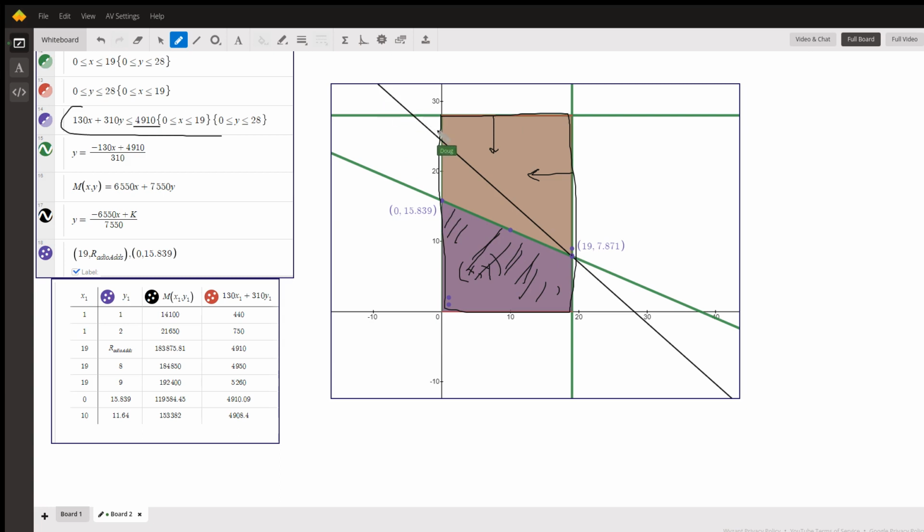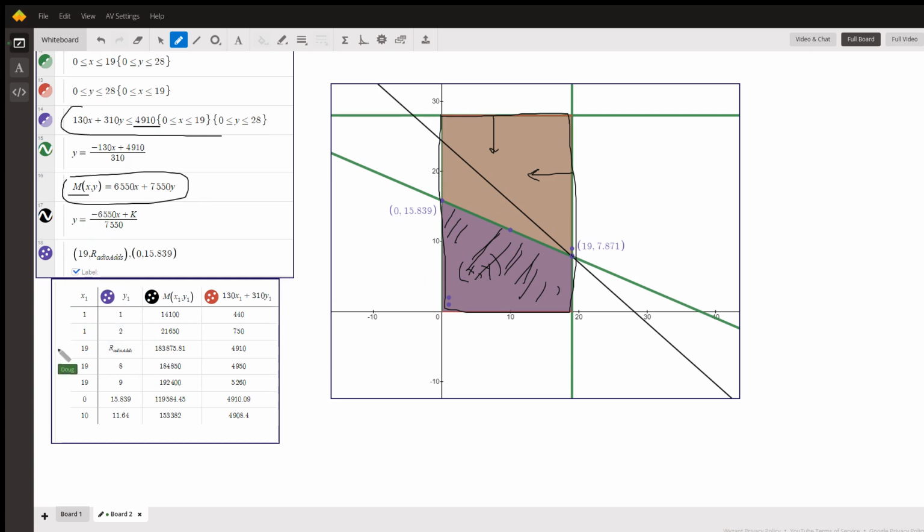And that's what this black line right here is. It's the objective function, this guy right here, written in a slightly different form. You can see that that line will get its highest Y value up here at this vertex. But you can figure that out by plugging those numbers into the objective function.